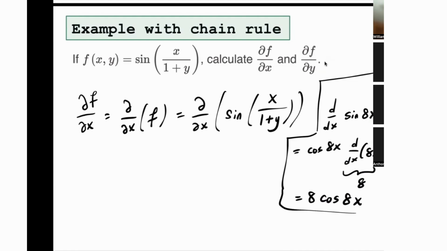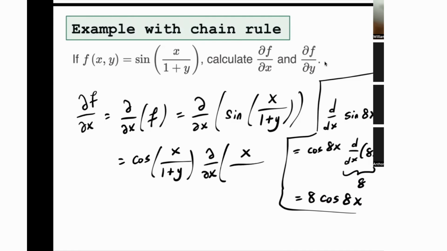Over here on the other side, our constant is this constant in the denominator. This is actually x multiplied by the reciprocal of 1 plus y. And so the derivative works the same way. Derivative of sine is cosine. So you just take cosine of x over 1 plus y, and then we'll have, by the chain rule, d by dx of x over 1 plus y, bringing d by dx into the inside.